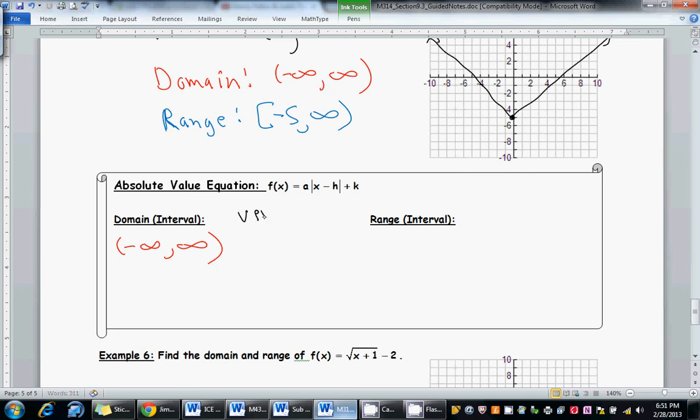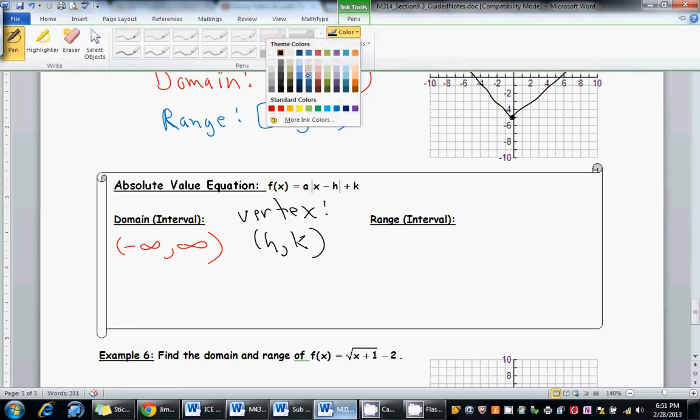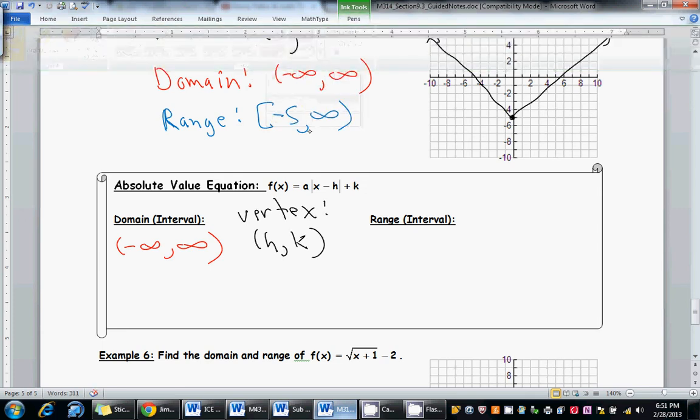Vertex of this graph was, again, h comma k. In this case, it was 0, -5, the one above. And the range is going to go from k to infinity. Now, again, this is dependent on a being greater than 0.